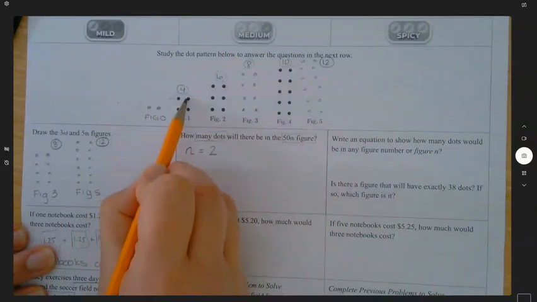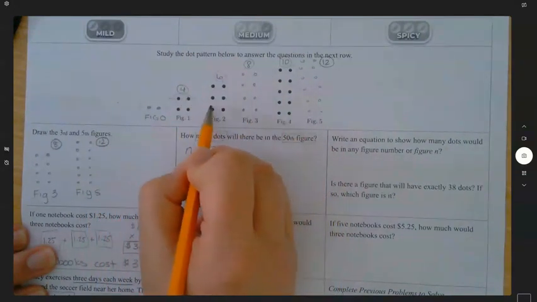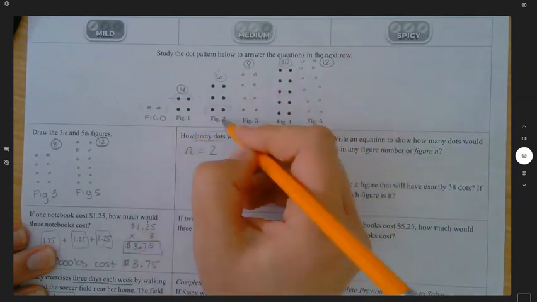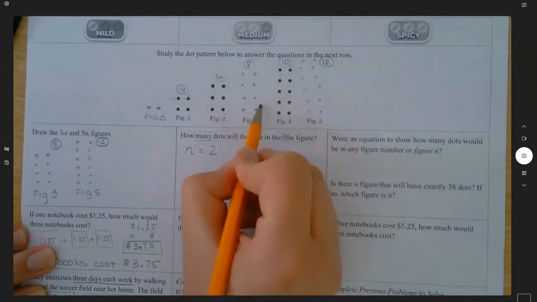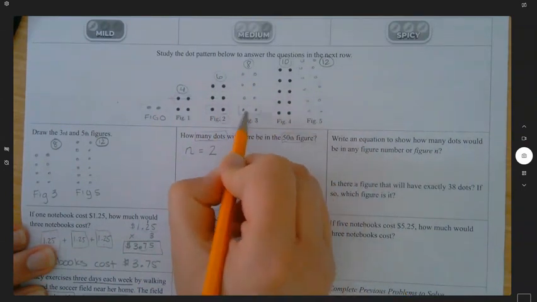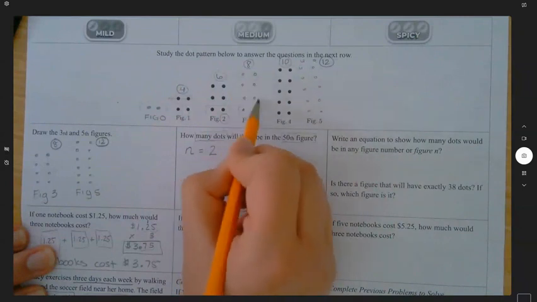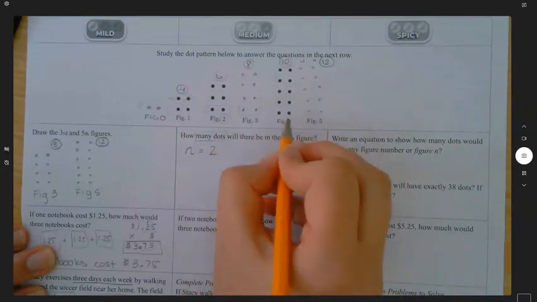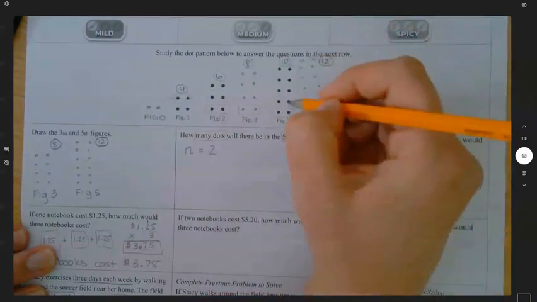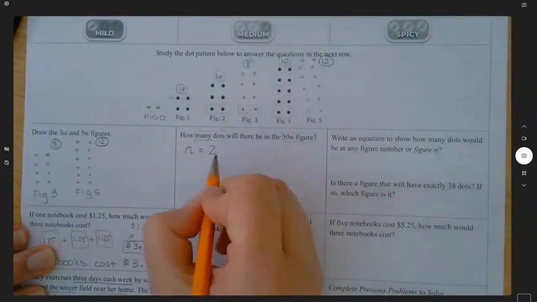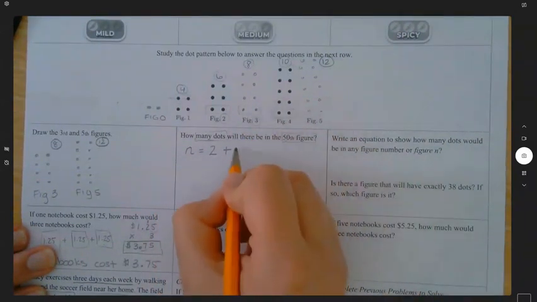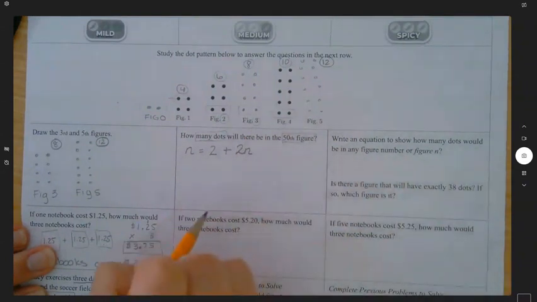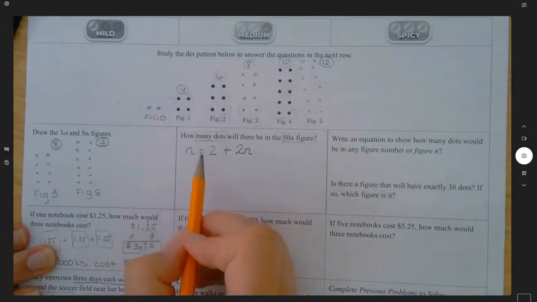So I add on 1 set of 2 here. If I start with 2, I'm adding on 2 sets of 2. This is my starting, so I'm adding on 3 sets of 2, or 3 times 2. Similarly, I'm starting with 2, and then I have 1, 2, 3, 4 sets of 2. So what that is figure number times 2, or 2n.